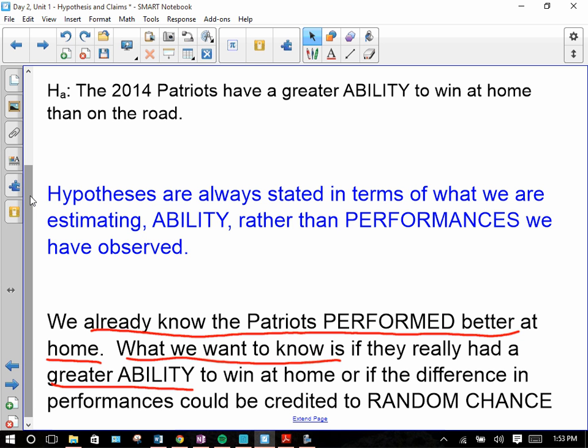We know that their performance is better. We don't need to make a hypothesis about that. All right. So what we want to know is if they really had a greater ability. Did they have a greater ability to win at home, or can that difference in performances be credited to random chance? Right?